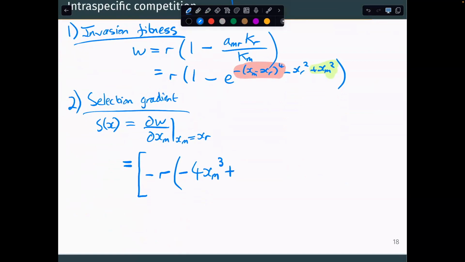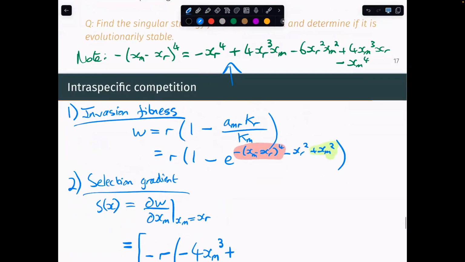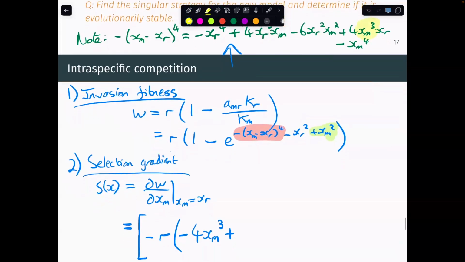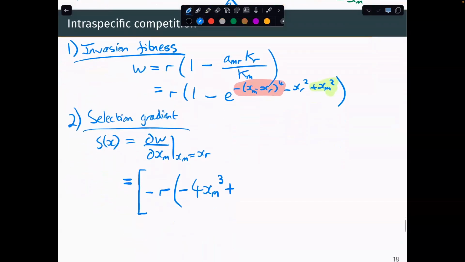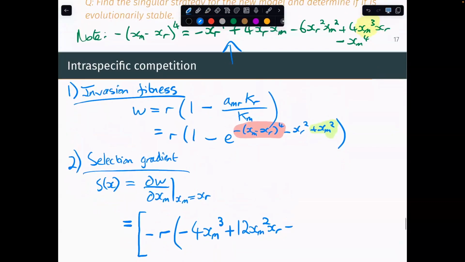Let's do this xm cubed term here. We're going to have 3 coming to the front. So we're going to have 3 times by 4, so that'll be 12 xm squared times by xr. This one's a little bit messy because it's obviously got a quartic in, so it's a little bit more expansive. What else do we have here?